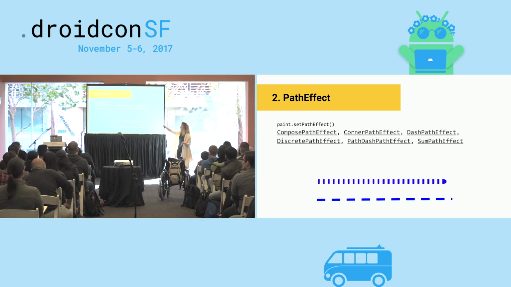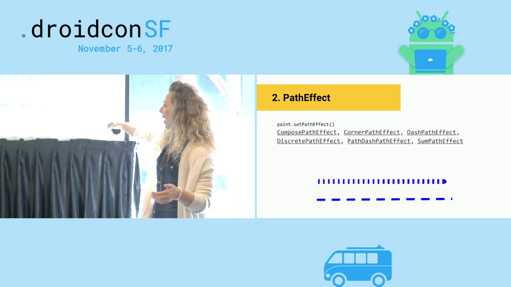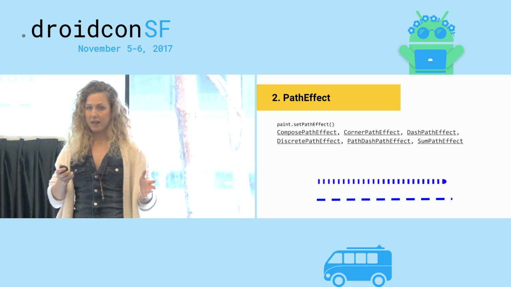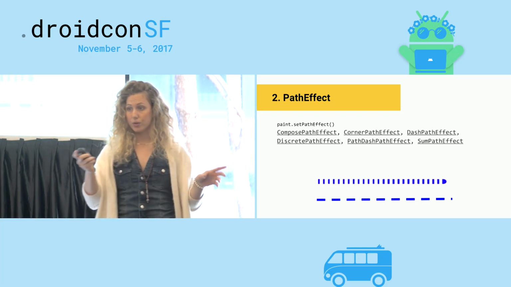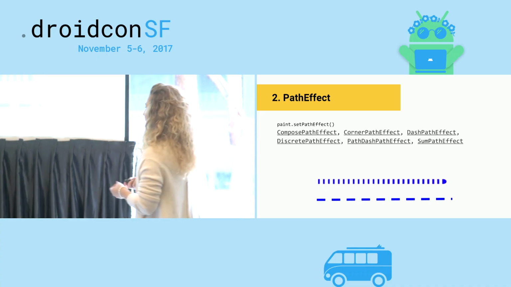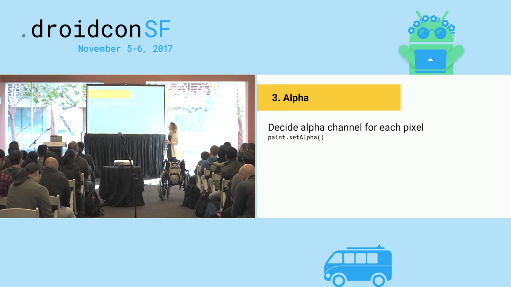And what it has to offer us is something like the strokes, the corner effect, anything like that. So you can actually use those to create the dashes and everything that you want. So this is the second thing. It's going to figure out the path effect. Then it's going to figure out the alpha.